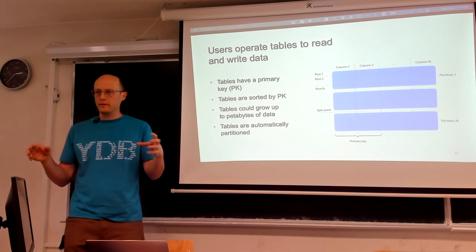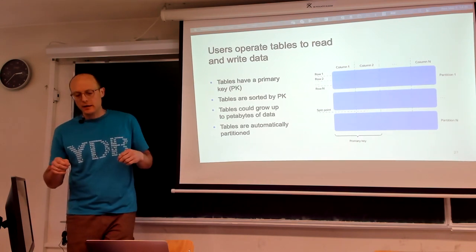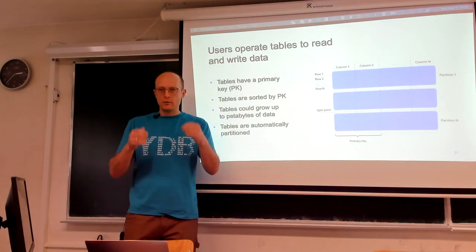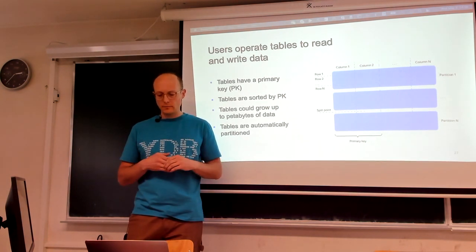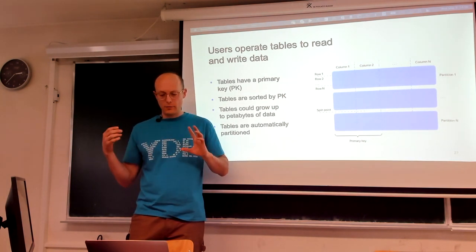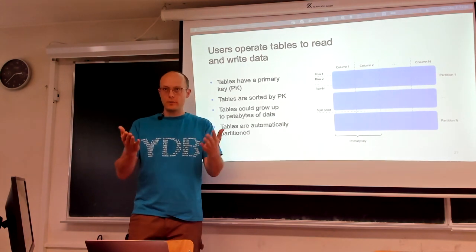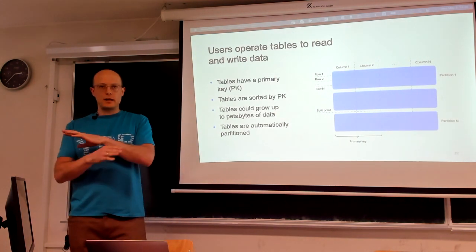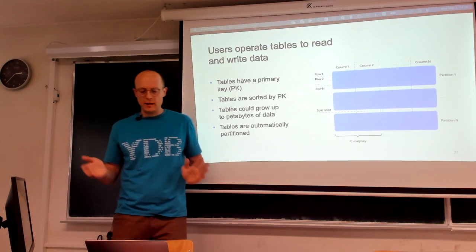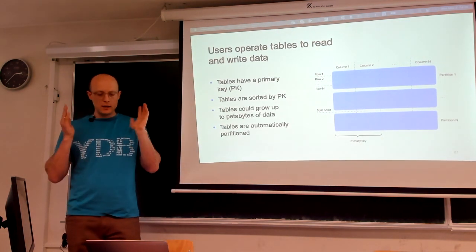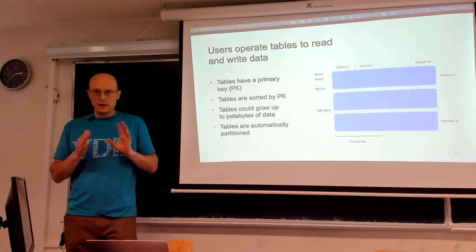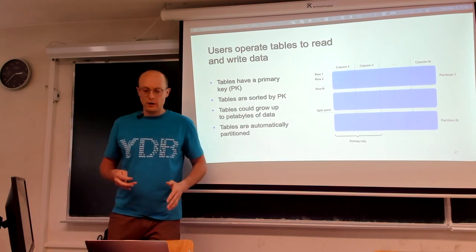To briefly explain how compute remains available, I need to tell about tablets and partitions. It's going to be not very easy, but anyway. Users operate tables. Like in any database, you just create a table with columns, with a primary key, with a secondary index, with data types, with JSON, if you like.